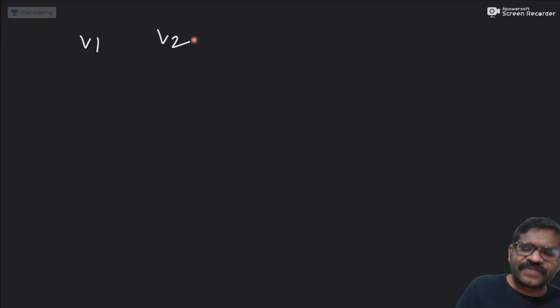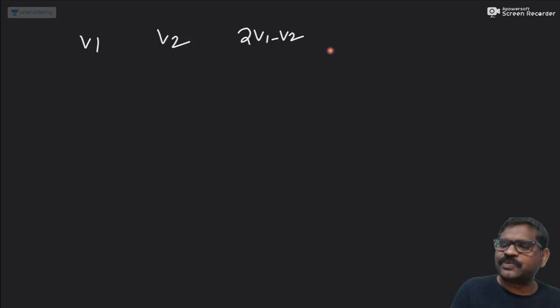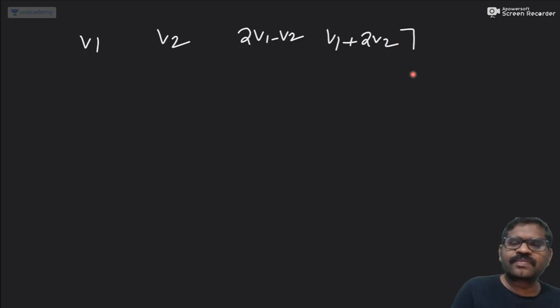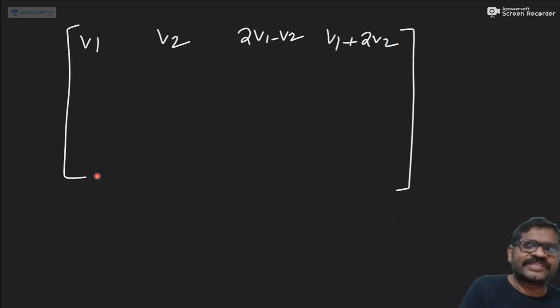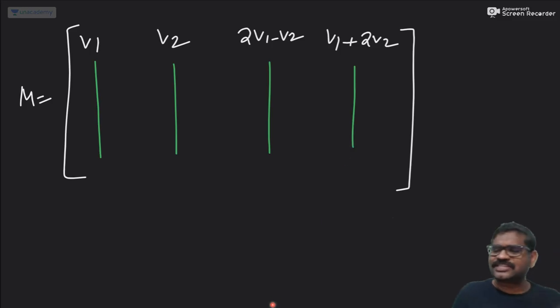V1, V2, 2V1 minus V2, V1 plus 2V2. This is matrix M. You need not write the entries and you need not solve the entire process. Just conceptually, you can analyze.